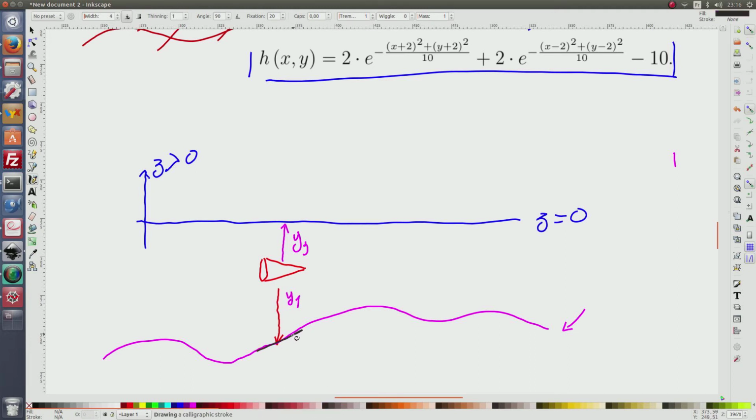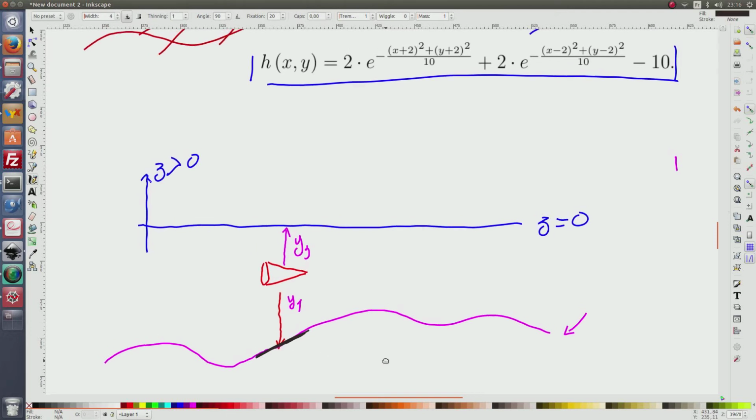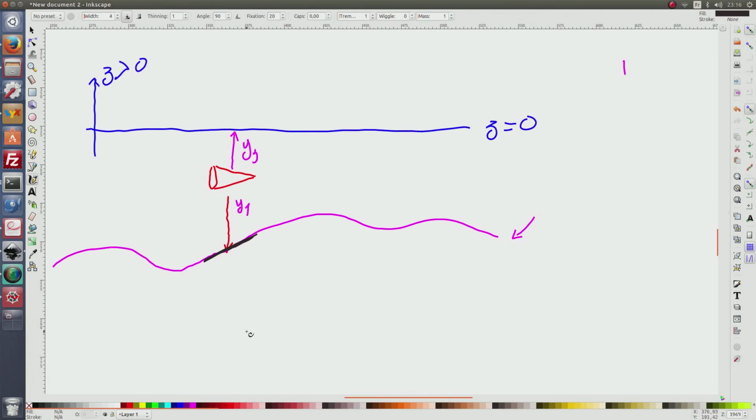So in two dimensions, it means the slope, which is represented here. So in a two-dimensional view, the bottom will be something like this.